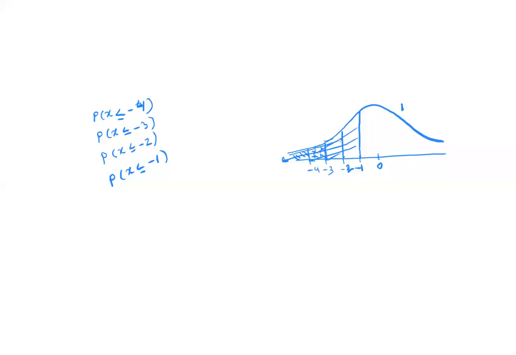If you want to consider the probability of x less than or equal to 0, it is going to be everything to the left. This one is easy to find out. What is to the left? Can anybody tell me? What is the probability of x less than or equal to 0? Anybody want to try it? Remember, this is symmetric, meaning the left half is a mirror image of the right half.